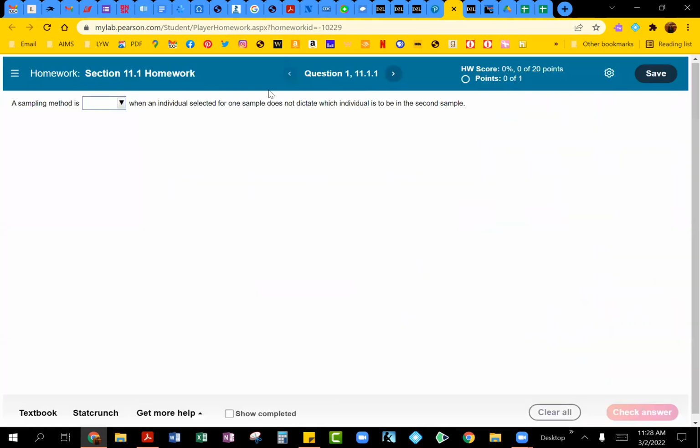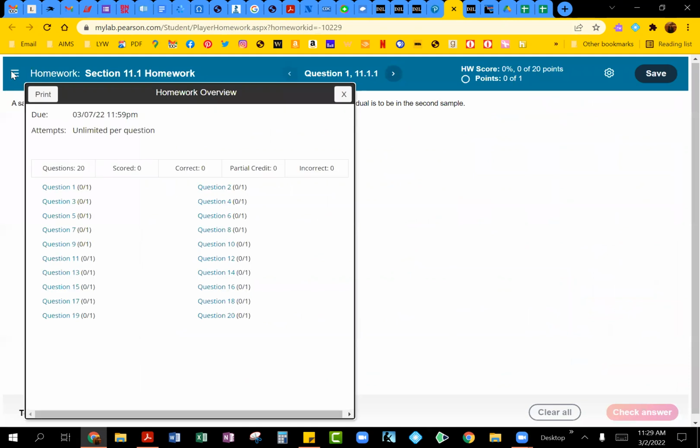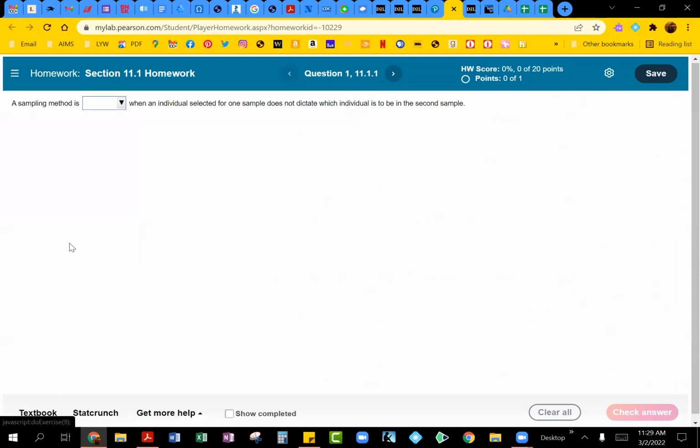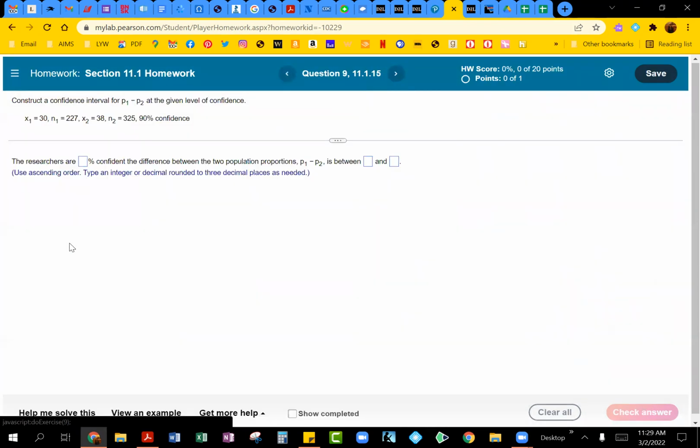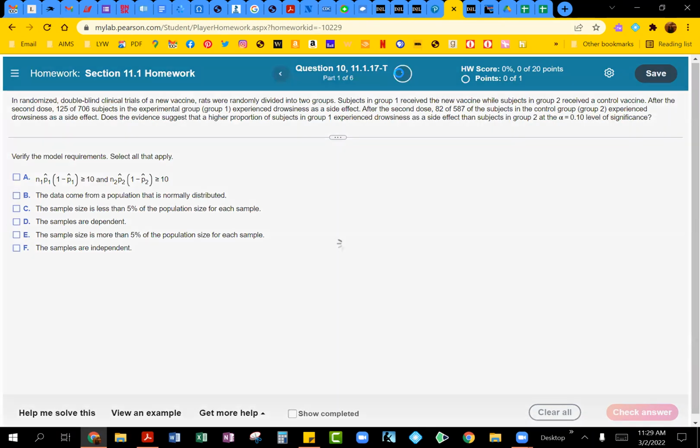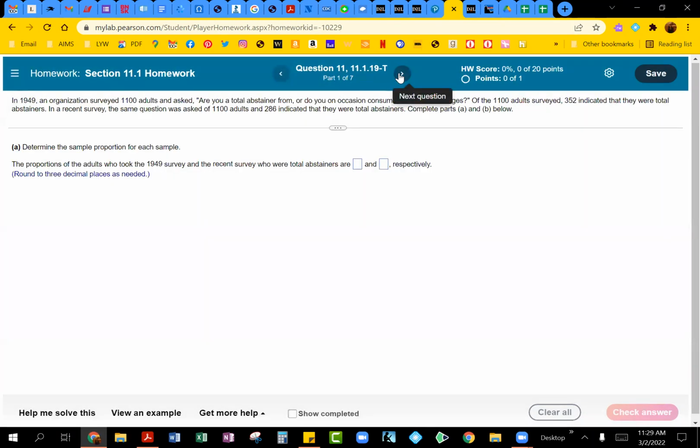And when it has that little T next to it, it actually means they're talking about technology. This one is 15, 17, 19, there we go.